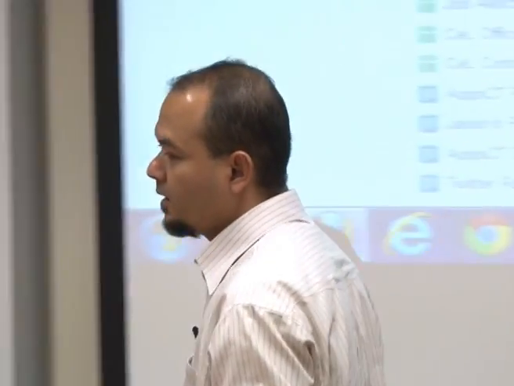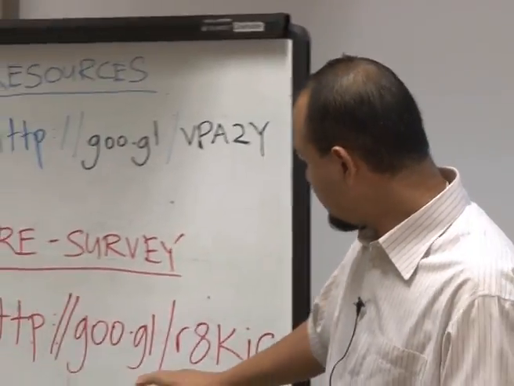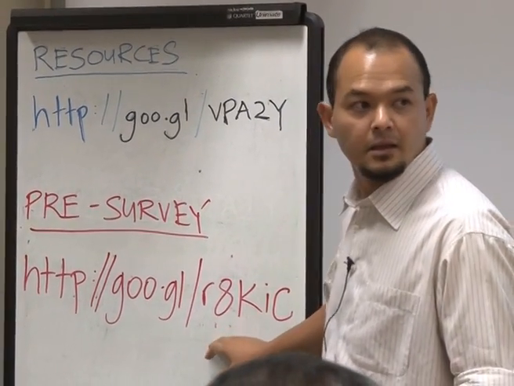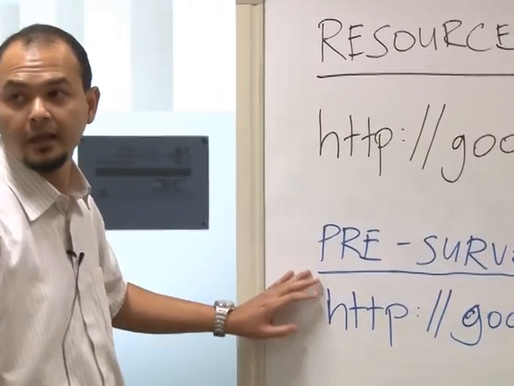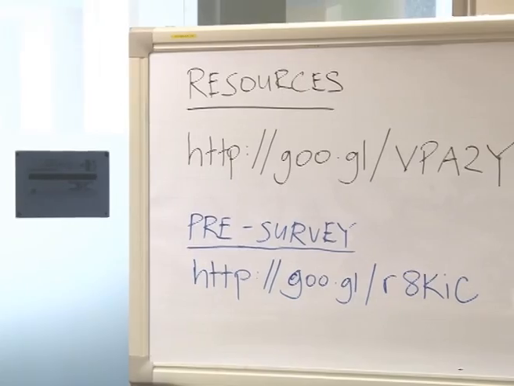Can I proceed? Okay. Before I proceed, I will need your help to do a pre-survey. Please go to this side. The same there, pre-survey. Please go to this side and do that survey. It's a quick survey. I need you to do this before we start.